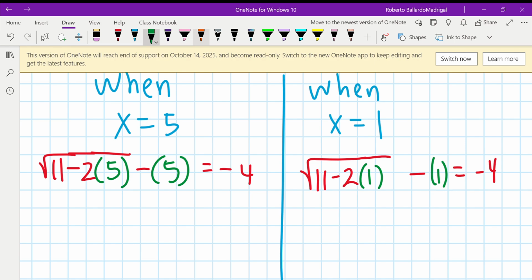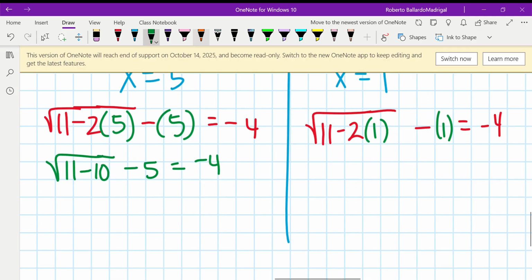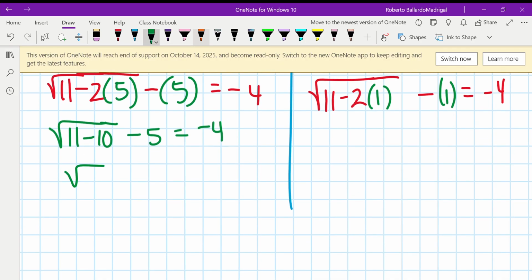So let's start with this one. 11 minus 2 times 5. What is 2 times 5? 10. So this is 11 minus 10, minus 5 equals negative 4. 11 minus 10 is 1. What's the square root of 1? 1.